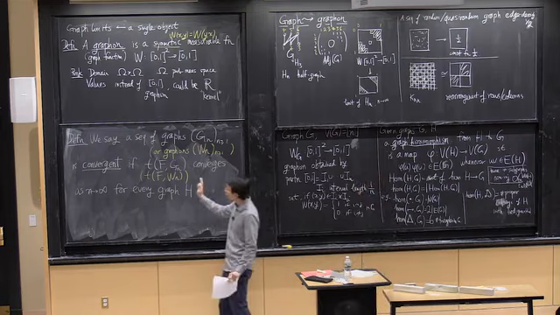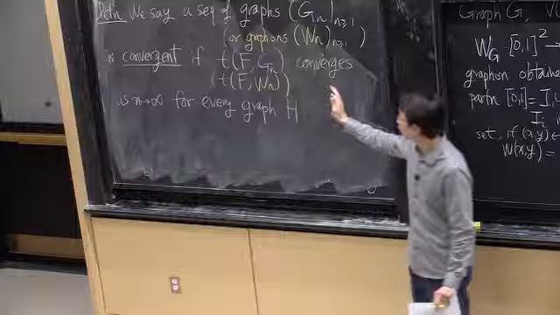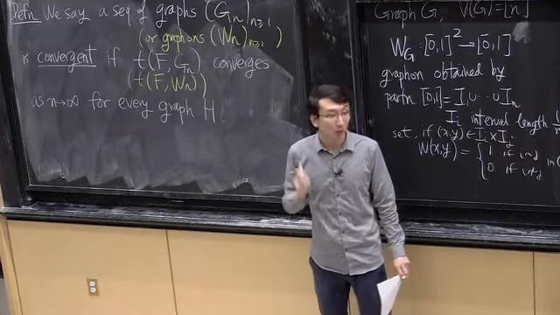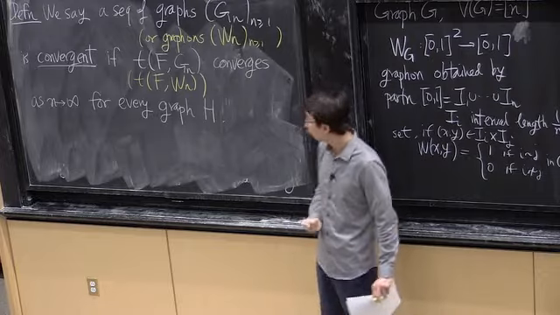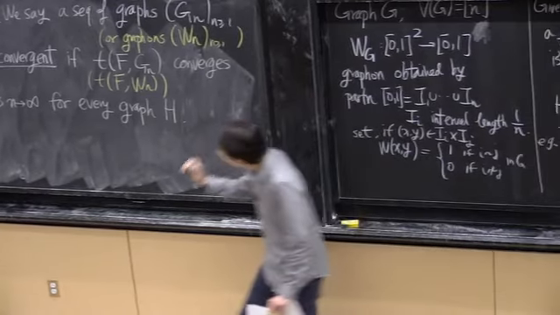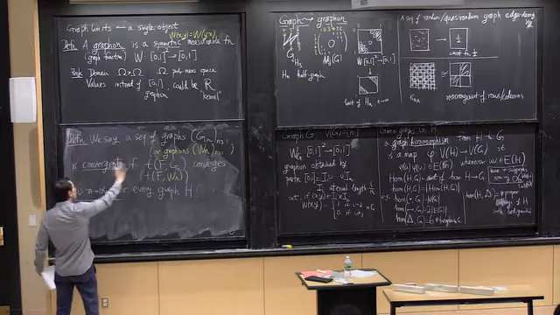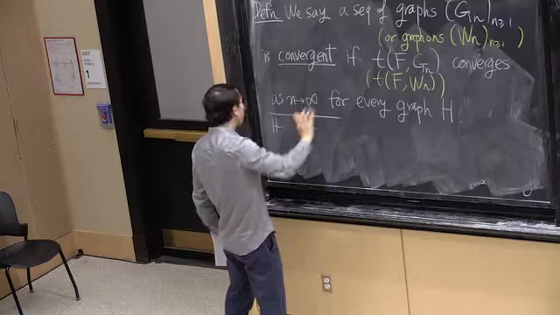The definition we will use for convergence is if all the homomorphism densities, or equivalently subgraph densities, converge. So this is the definition. It's basically rigorous as stated.